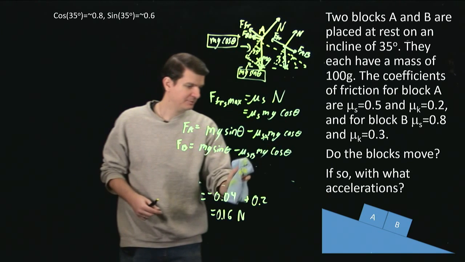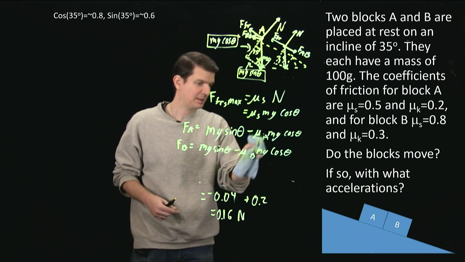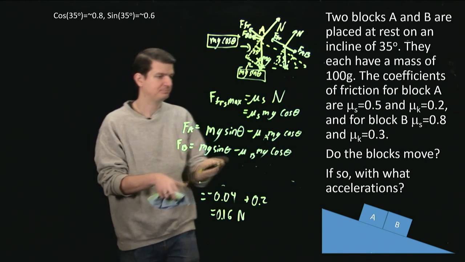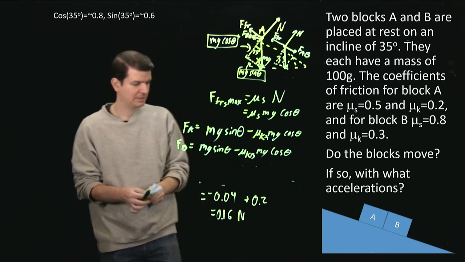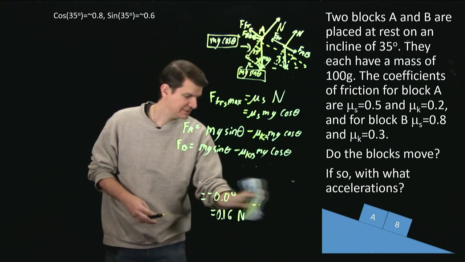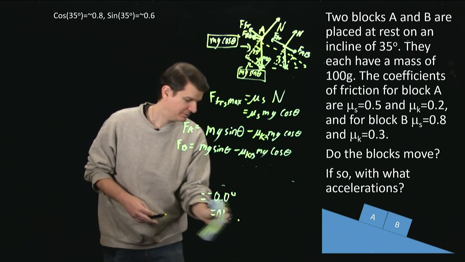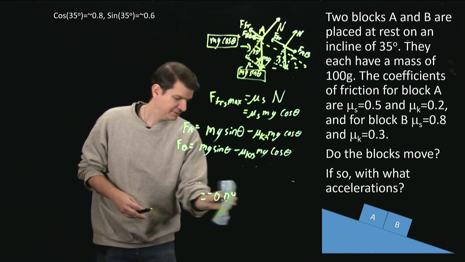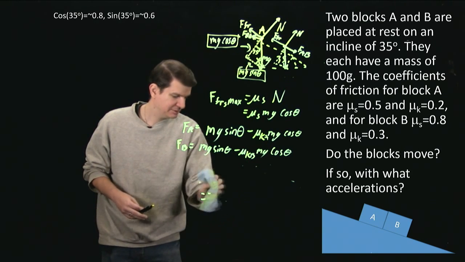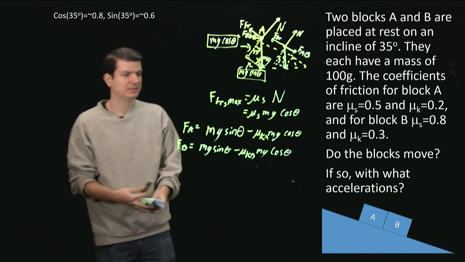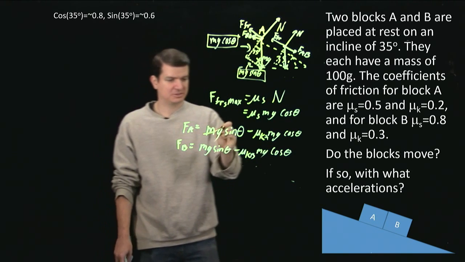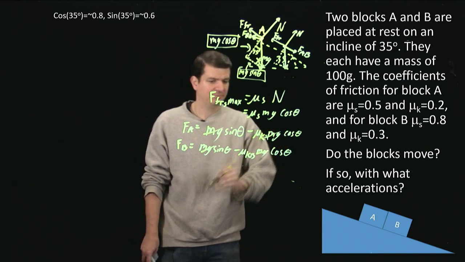So we'll quickly erase the s's and put some k's in. We know these numbers now almost by heart: the sine is 0.6, the cosine is 0.8, and m times g just gives us a factor of 1, so we'll get rid of those.